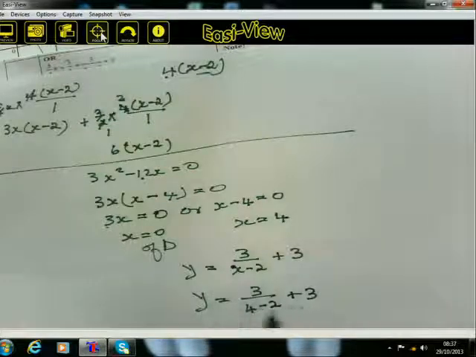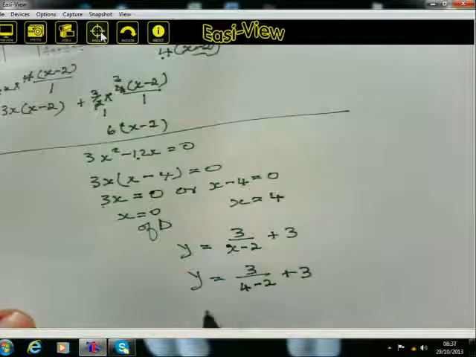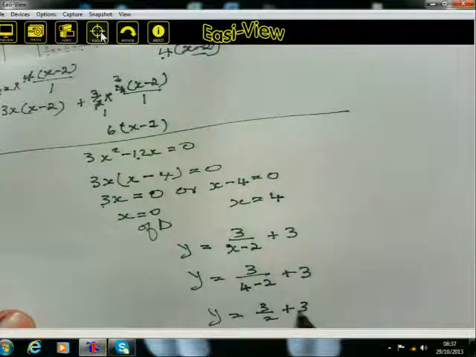Remember guys, you can use any of the equations. If you don't like the one of the hyperbola, you can take the one of a straight line and substitute x to get the value of y. Therefore, y equals 3 over 2 plus 3. 3 over 2, guys, is 1.5. 1.5 plus 3, the answer is 4.5.